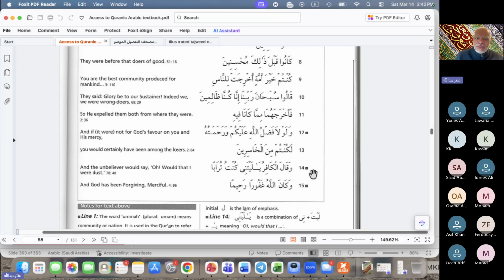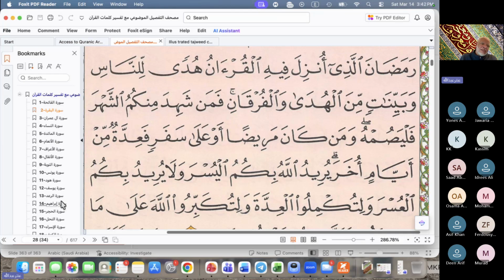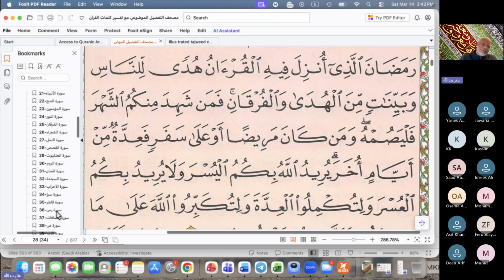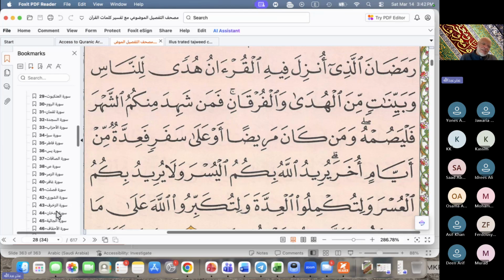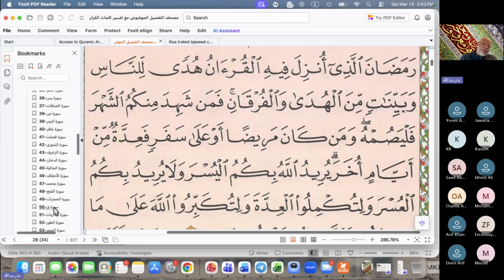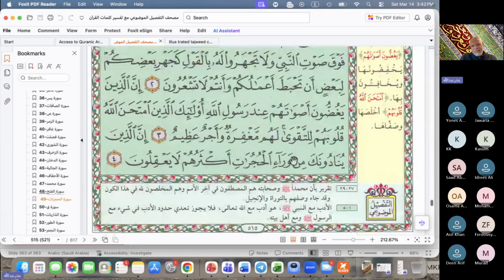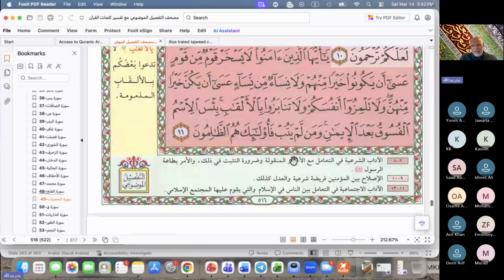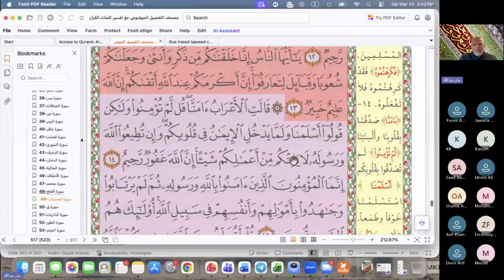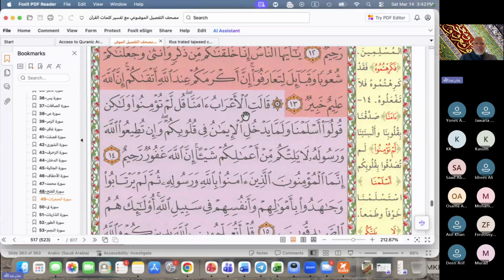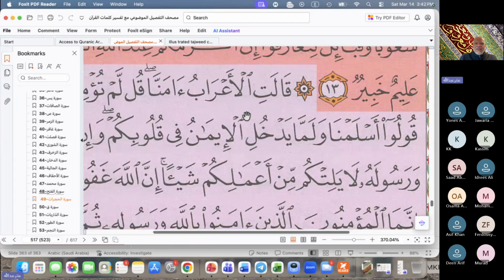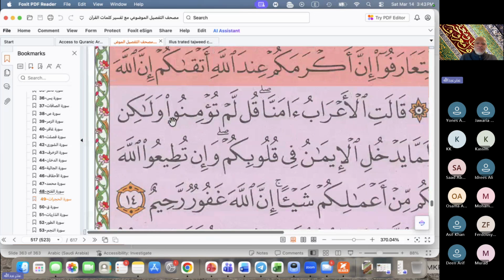One last thing I would like to look at before we leave today, inshallah, is lamma at the end of Surah Al-Hujurat. قالت الأعراب آمنا. Remember that? قل لم تؤمنوا.